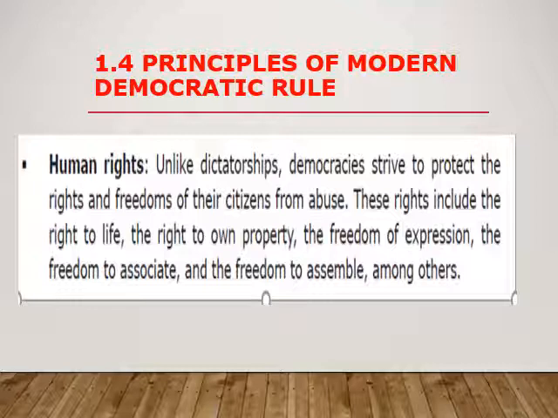Whatever is the set of rights, human rights, children's rights, women's rights, it is a very straightforward aspect of a democratic community. If there's no protection for human rights, definitely there is no democracy.